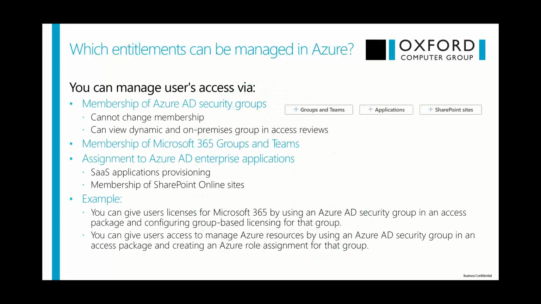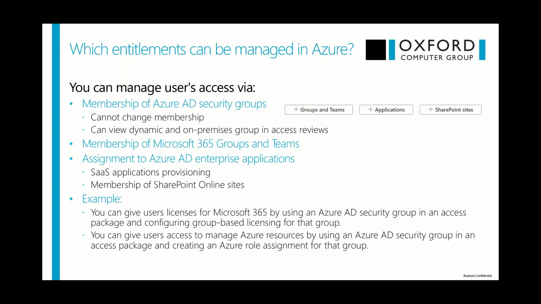Which entitlements can be managed in Azure? You can manage users' access via membership of Azure AD security groups. We cannot change membership of dynamic and on-premise groups, since those are managed from on-prem, or if it's a dynamic group in Azure AD, we cannot manage those groups.